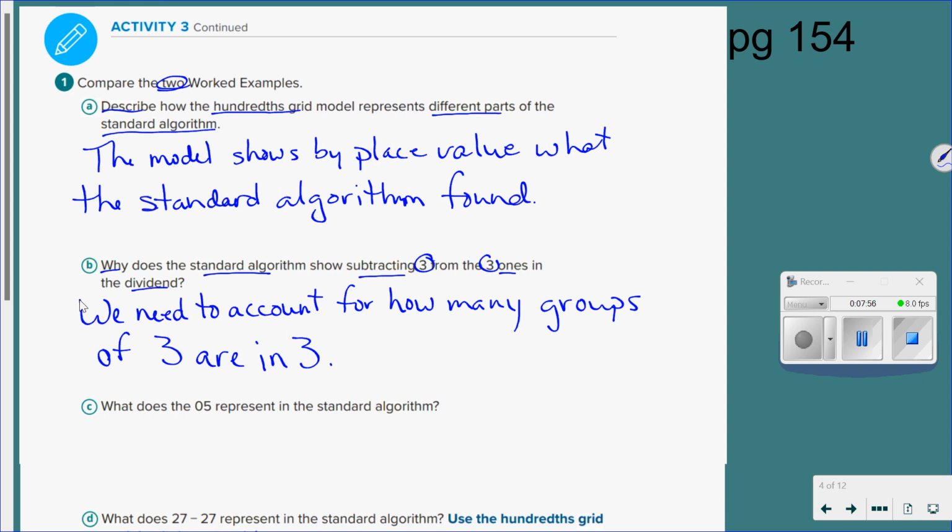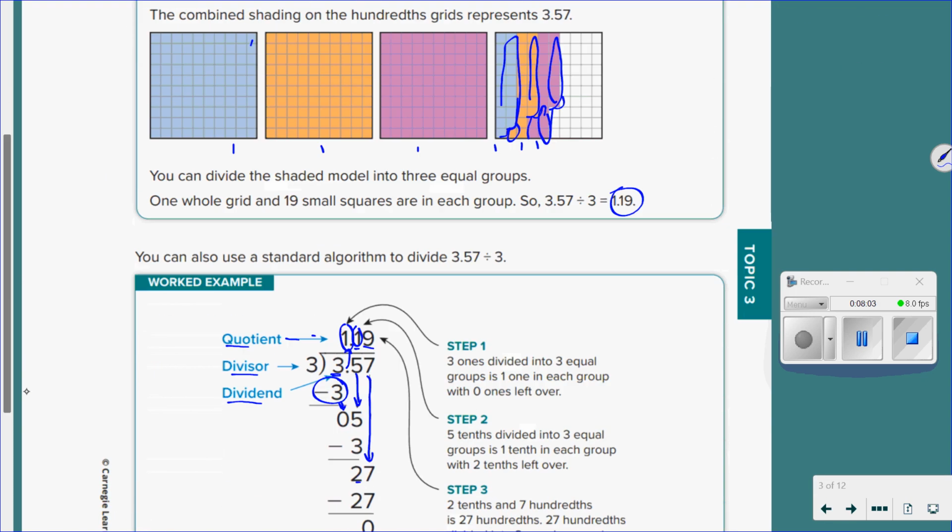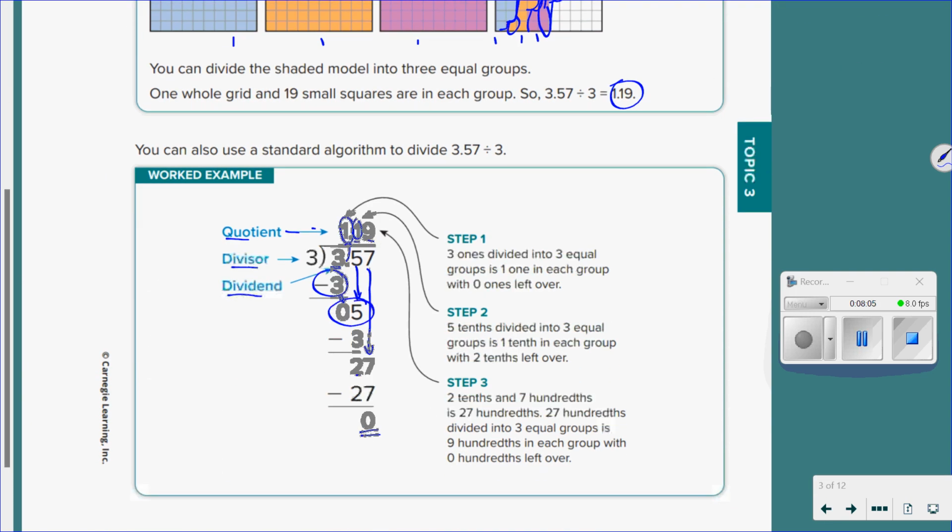What does the 05 represent in the standard algorithm? In other words, when I got to the second step here, I now see 05. Why do I have 0 and 5? Because when you do the 3, you subtract each other, and then 3 minus 3 is 0, and then you drop down the 5. Good. And why do I drop down the 5?